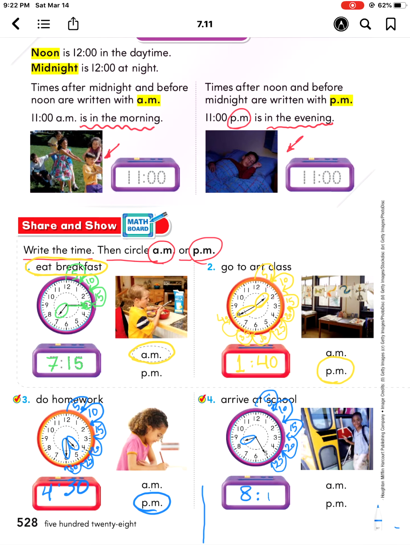So it's 8:25. Is it AM or PM? Do we do this afternoon or before noon? We do it before noon. So it's AM. Excellent. Now let's move to the next page.